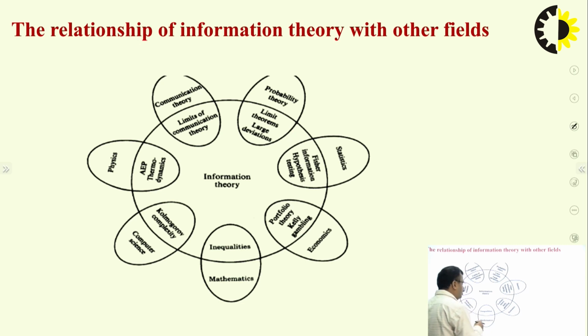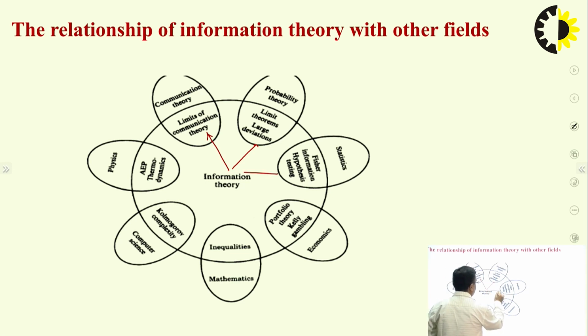I am not saying that it is perfectly related only with a communication system. It is also related with other engineering or non-engineering fields. Information theory is related with the communication, limits of communication theory that I told you in the last PPT. It is also related with the limit theorem for large deviation, like probability theory.